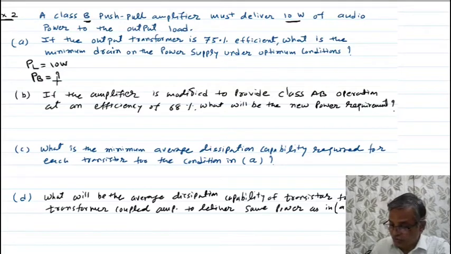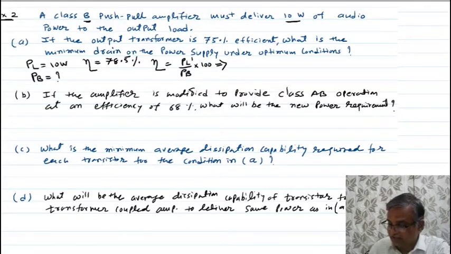So you know the optimum efficiency is 78.5%. So I can write eta is equal to PL dash upon PB into 100.